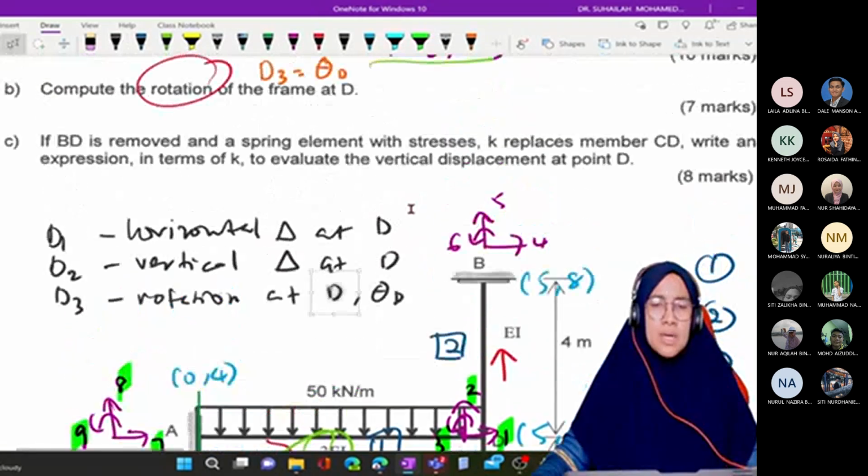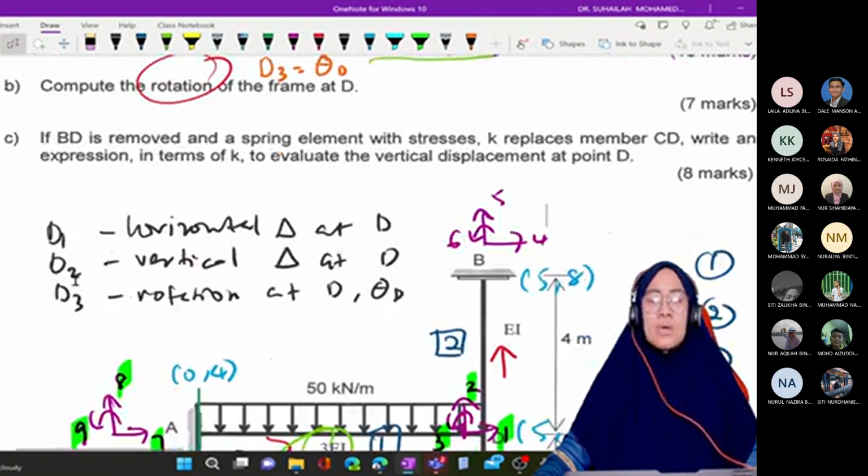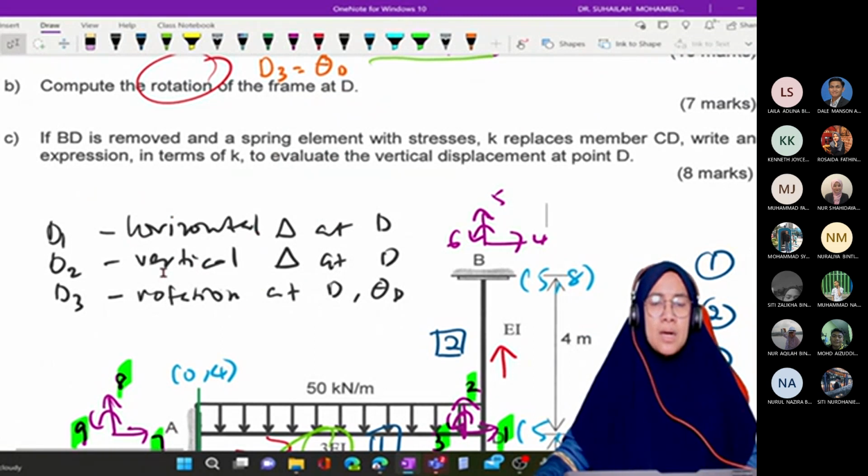So even though the question only asks us to calculate rotation, we still have to calculate all three, because they are one set. We will get this from the stiffness equation.